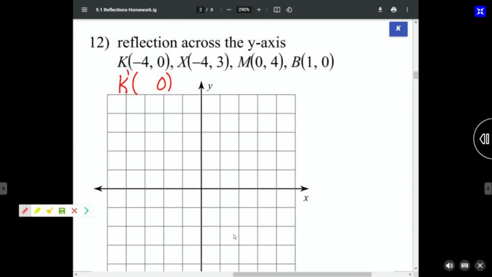X times negative 1. 4, 0. Across the y-axis, y stays the same. Negative 1 times x. So what about X prime? Positive 4, 3.